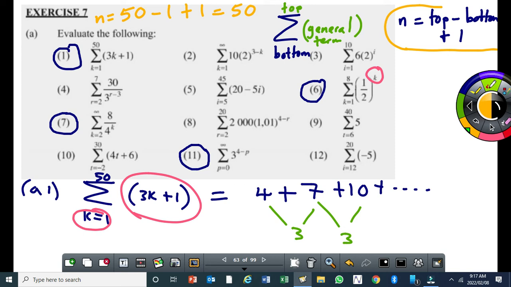K equal to 2, 3 times 2 is 6, plus 1 you get 7. K equal to 3, 3 times 3 is 9, plus 1 you get 10. Because the series has 50 terms, we don't have time to write all 50 terms, so we just need 3. Then you put dot, dot, dot. The dots represent the fact that there are other terms after the third term.